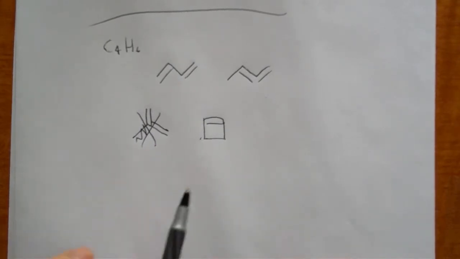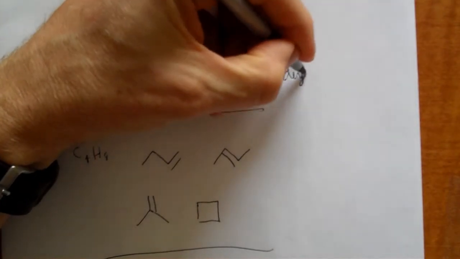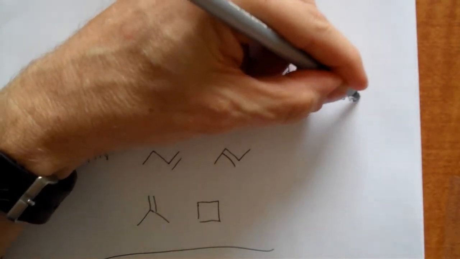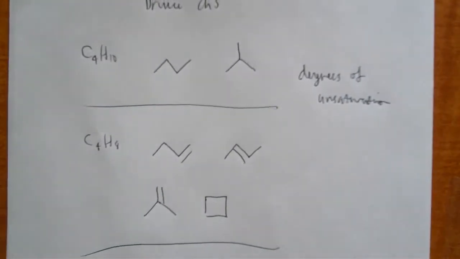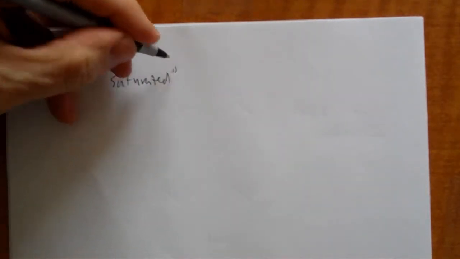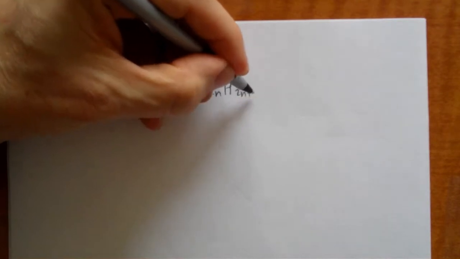So my point is, the term that we're going to use here is degrees of unsaturation. We get to this point in the text, and we start out with some formula. For a saturated alkane, the formula is going to be CnH2n plus 2.